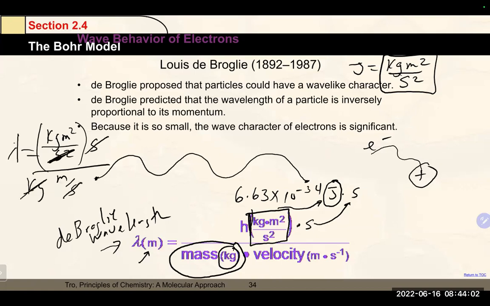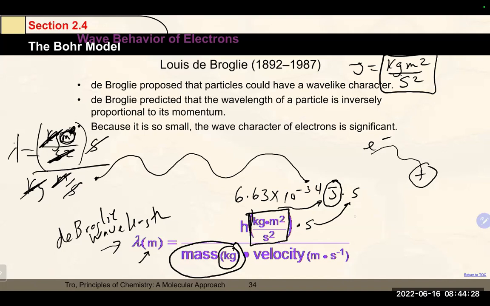A kilogram and a kilogram take care of that, and a meter takes care of just one of those, leaving just meters. So the good news is you could still write 6.63 times 10 to the minus 34 joule seconds on top, as long as you remember that the mass on the bottom needs to be converted to kilograms, and then you should be in good shape. Everything will cancel out, and you'll always be left with meters.